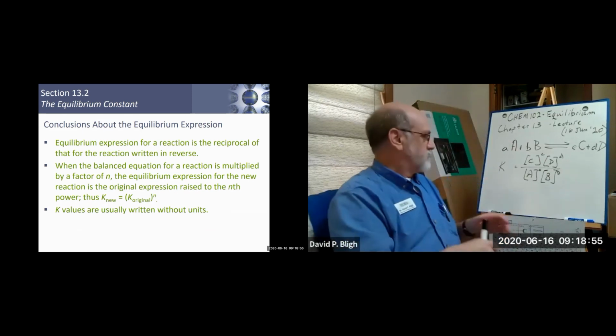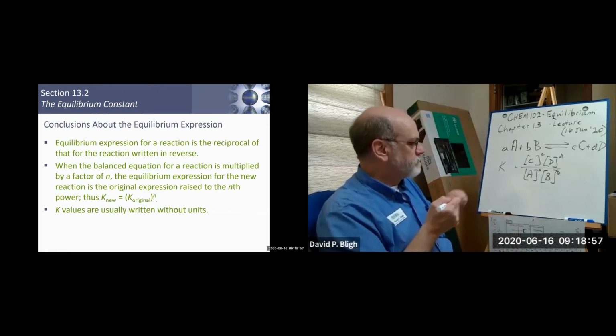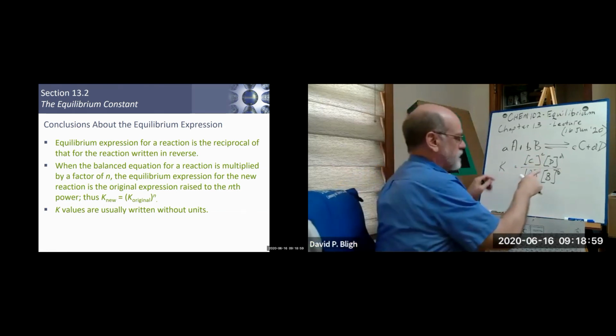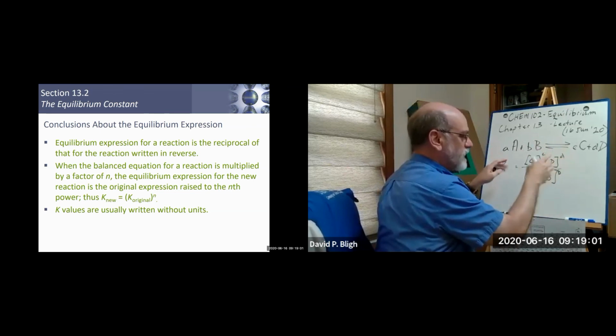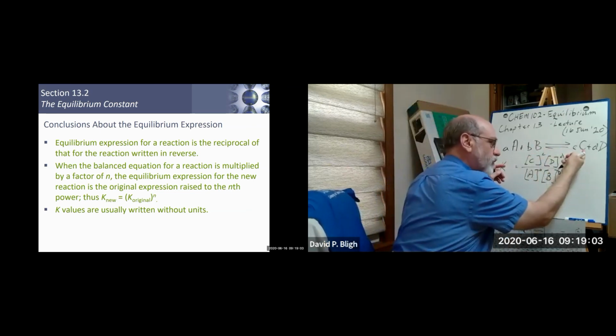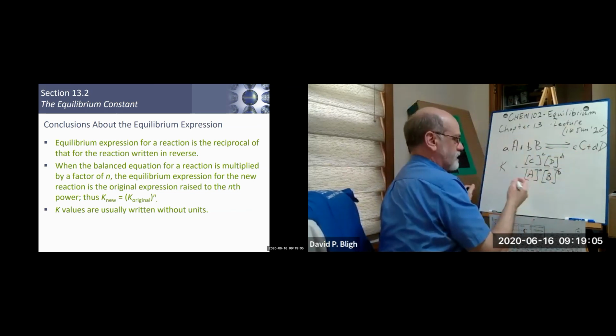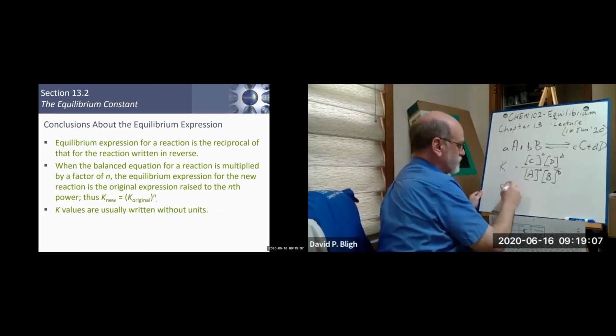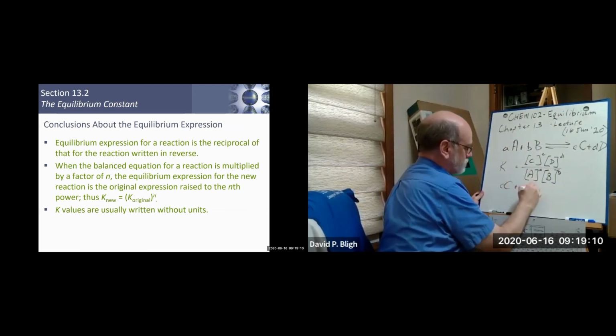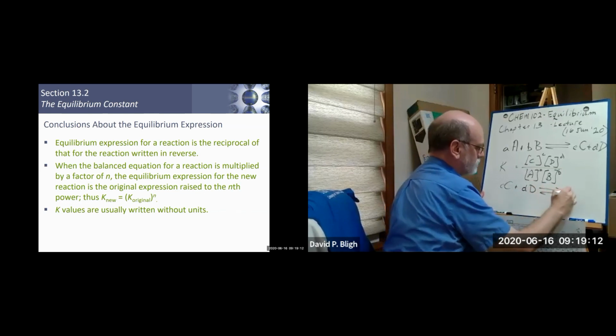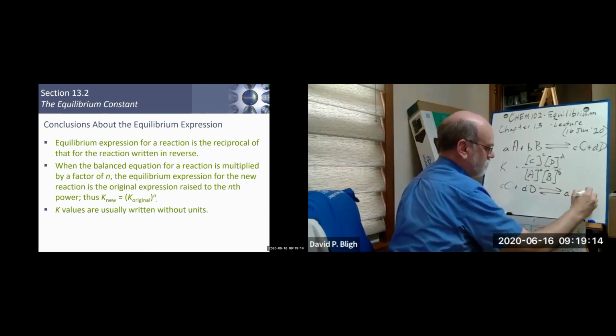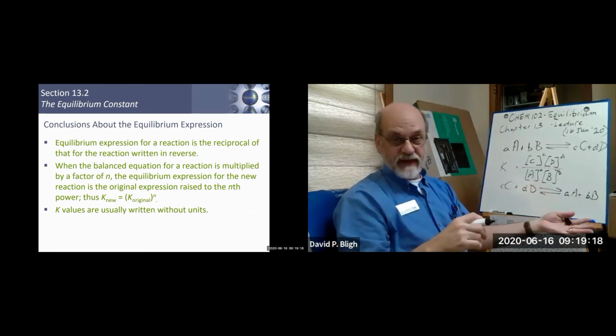Okay, so what would be the K for this reaction if we put the products on the reactant side, right? If we did it like this, what would be the K then?